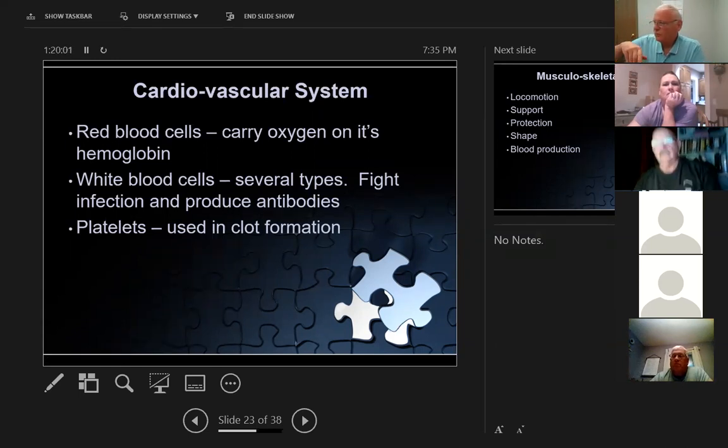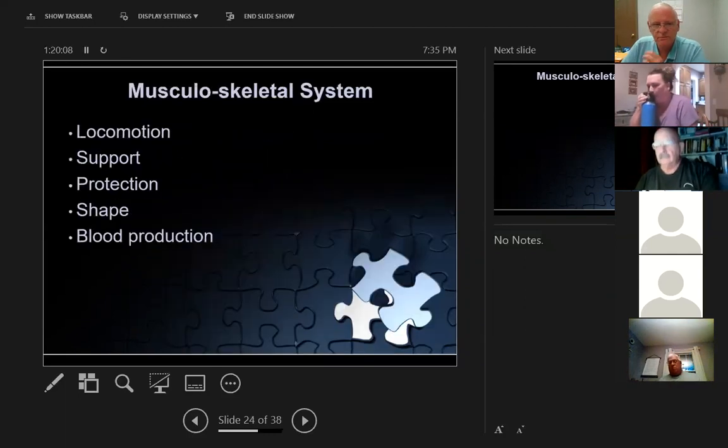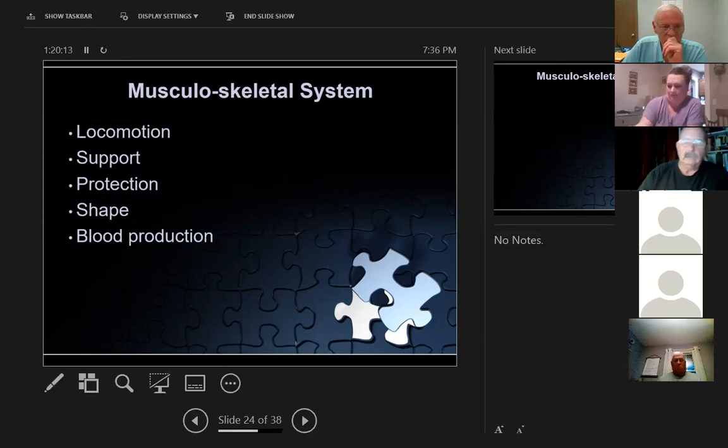All right, just a couple more to go. Another big one that we deal with is the musculoskeletal system. The functions and physiology of the musculoskeletal system is to provide us with locomotion. We can move around. It supports our body, it supports our soft tissues, so we're not like jellyfish. It's involved with protection.